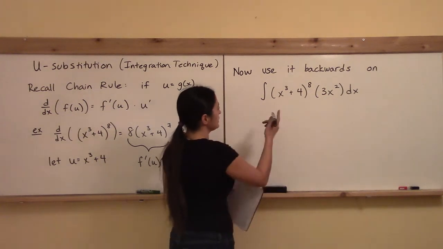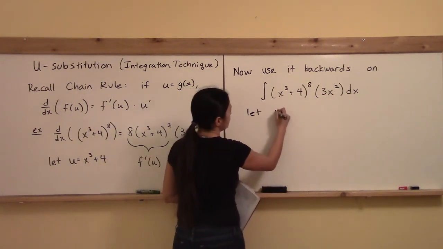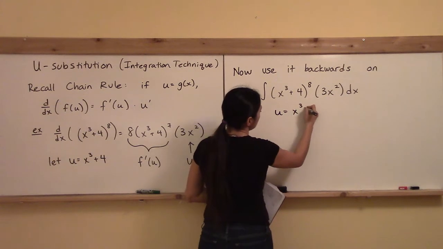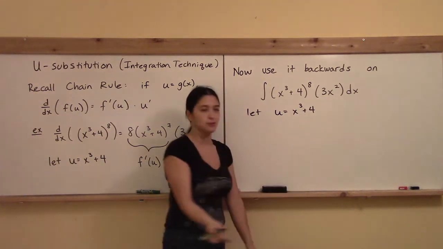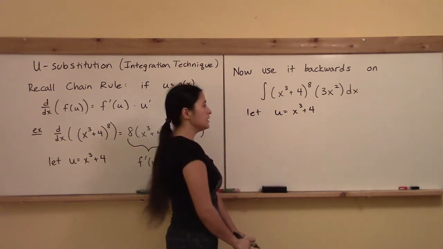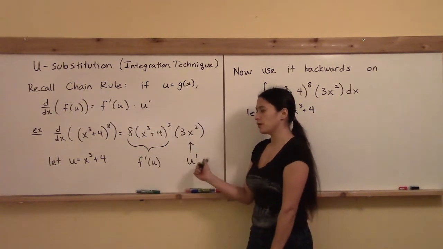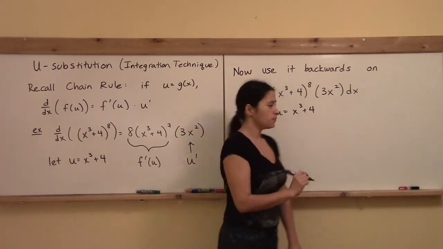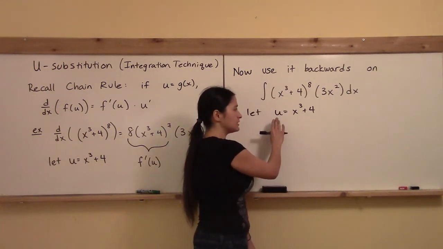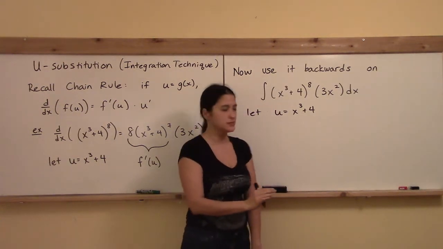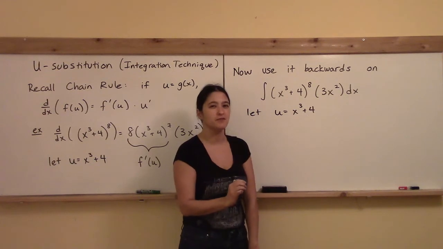Okay, so we're going to let the inside function be called u, and that's usually going to be the thing inside the parentheses. Now remember, when I took the derivative here, I had a u prime pop out right here. What I'm going to do right here is take the derivative of both sides. I'm going to do it in a little bit of a funny way.